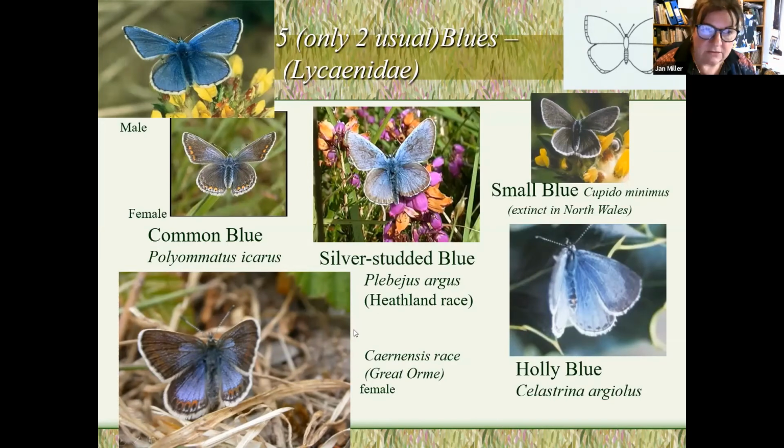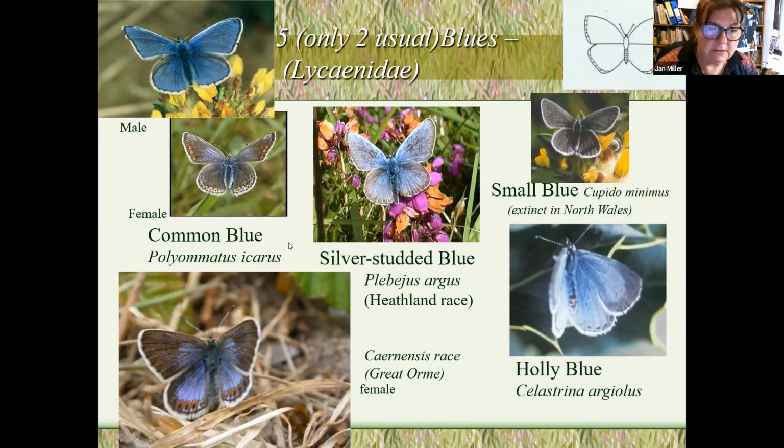It has to lay its eggs on holly in the autumn, and they overwinter as eggs right through the year, and then it lays its eggs on ivy for the later generation. So having old-fashioned wild ivy and holly in your garden or hedges is essential for these holly blues.